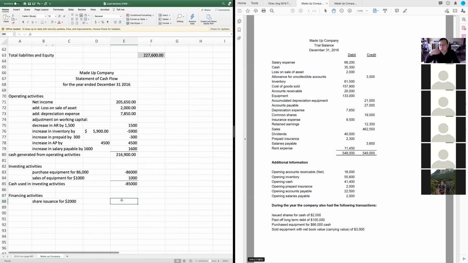You issue the shares for cash of 2,000. You give the shares to the investor, and what did you get back from the shares? However many times how much you sold it for. So 2,000. Do you receive the cash or use the cash? You got cash, so you add 2,000.